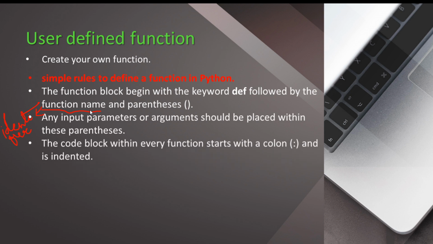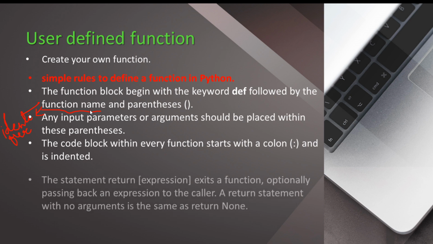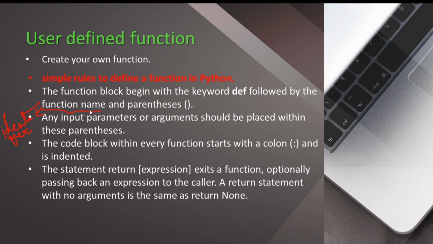The code block within every function starts with a colon and is indented, as we do with the other blocks, like the if and for blocks we have already read. The return expression statement exits a function, which means it will end the function and we will come back to our main program or our calling statement, optionally passing back an expression to the caller.